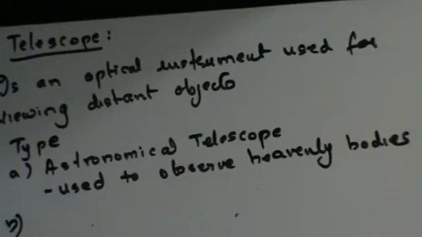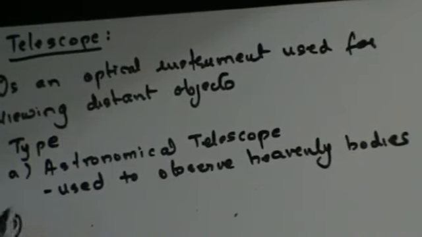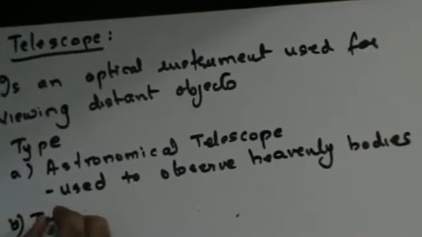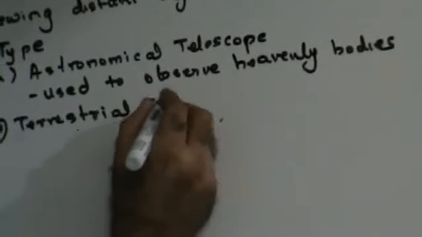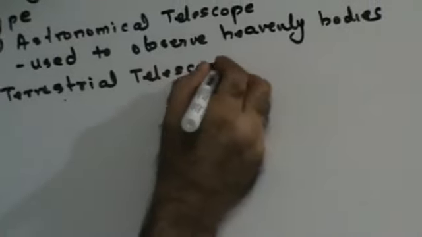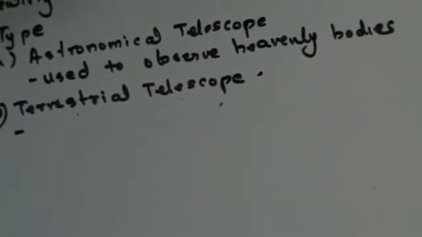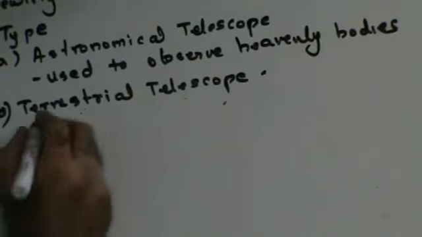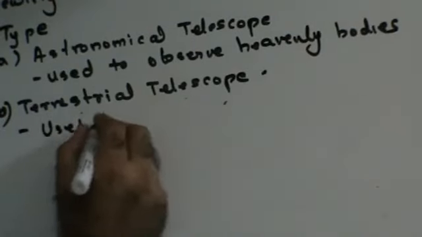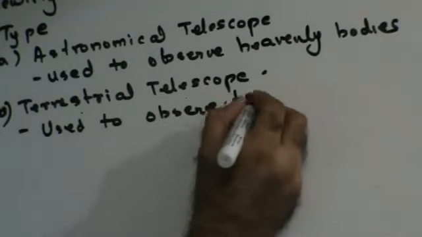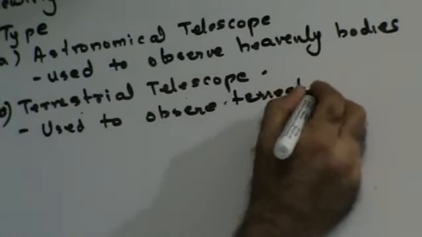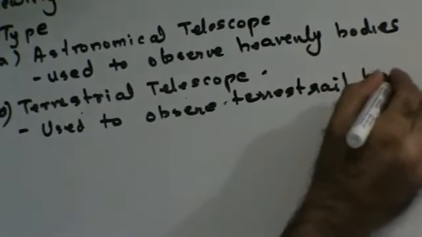And the other is terrestrial telescope. A terrestrial telescope is used to observe terrestrial bodies. Fine.